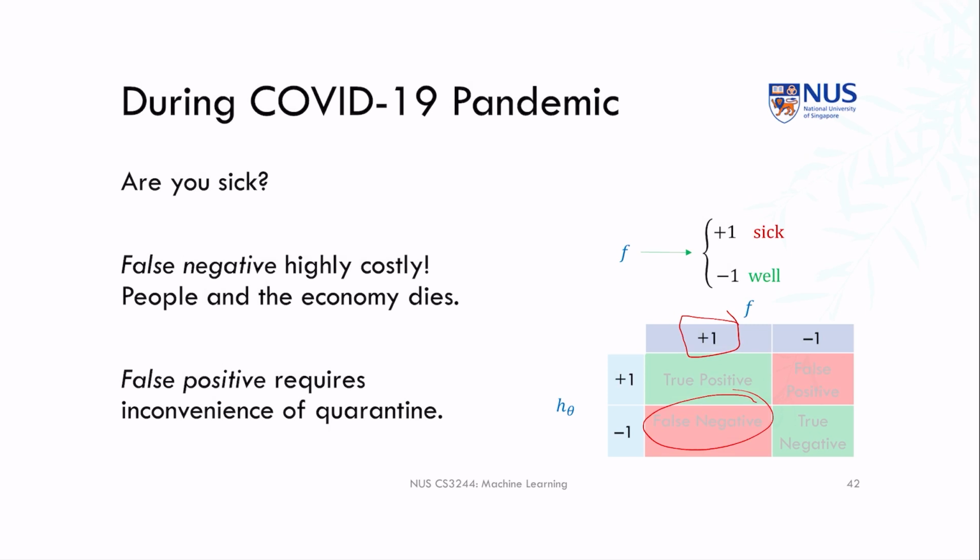So the false positive is a bit of a hassle. You have to serve your stay-at-home notice, and you can't go take the test, etc. But at least you don't get a lot of other people sick. So here the false negative is highly costly, but the false positive is not very costly.